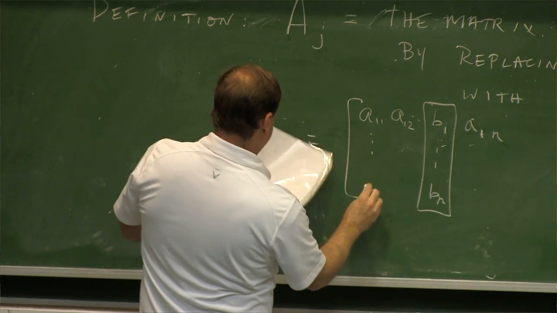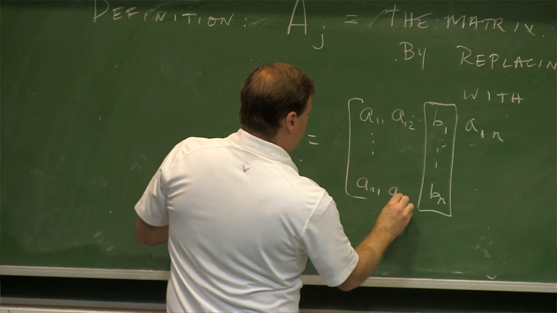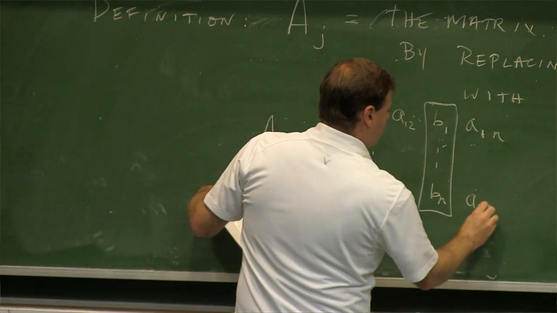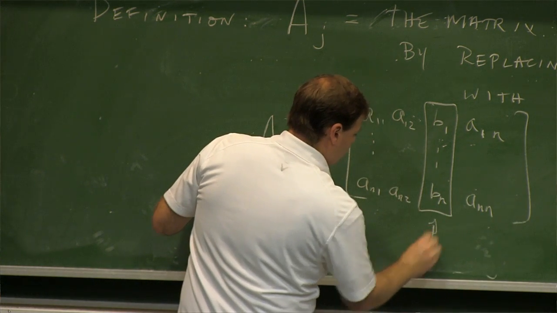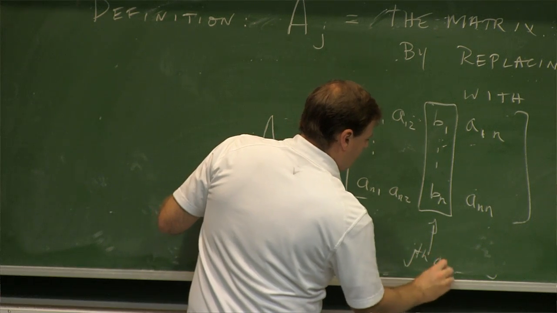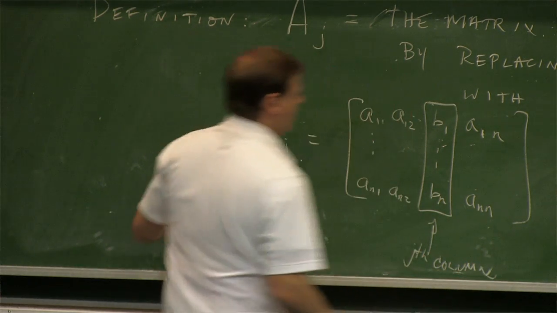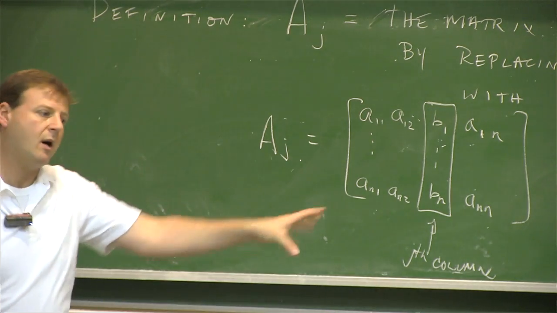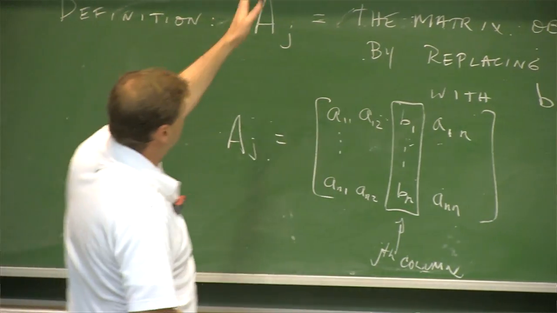And then this goes all the way down to An1, An2, Ann. And this is the jth column. So I literally just remove the jth column and then put in place of it whatever I have over here.